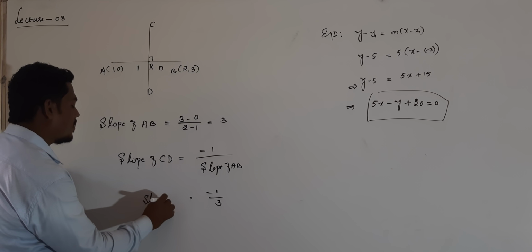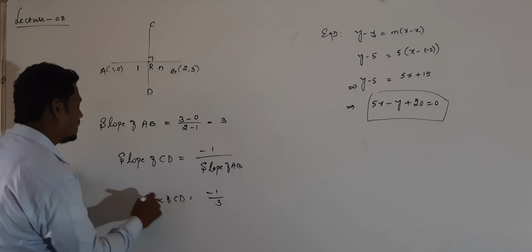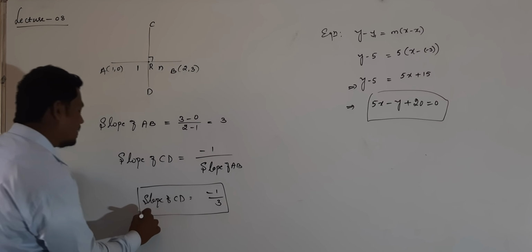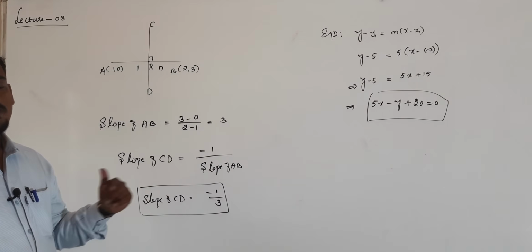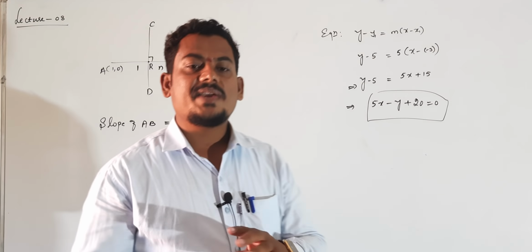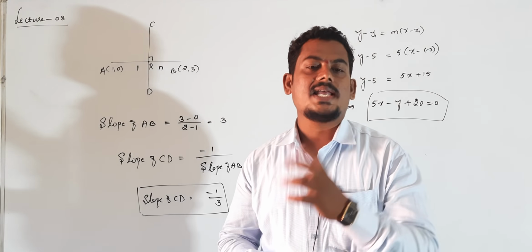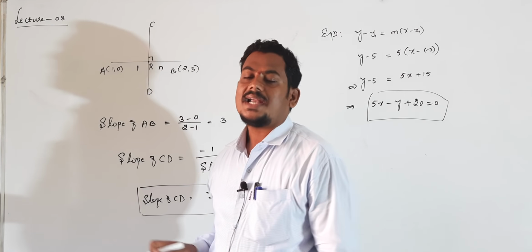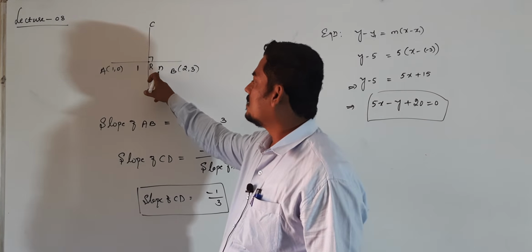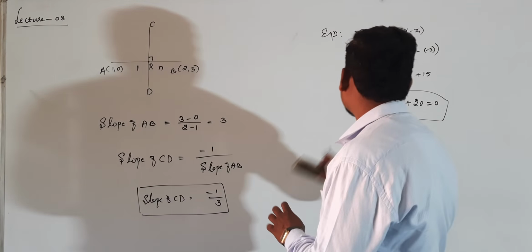This is the slope of CD, right? Slope of CD is -1 by 3. After getting the slope, for finding the equation of CD, we need one of the points on CD, right? Then what are the coordinates of R? By using the section formula.